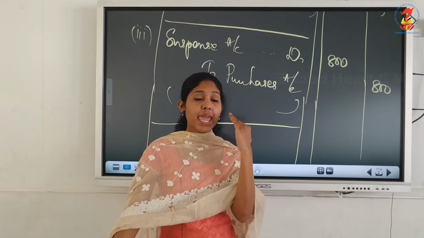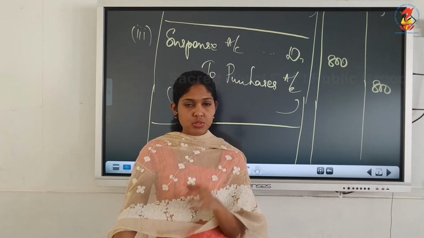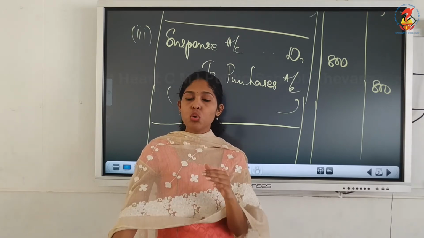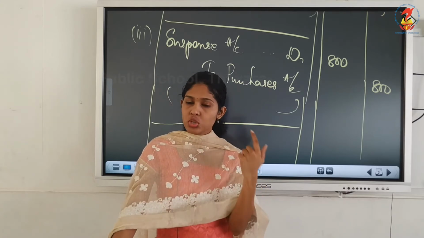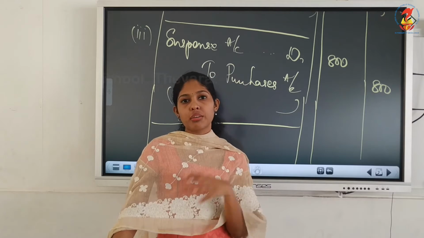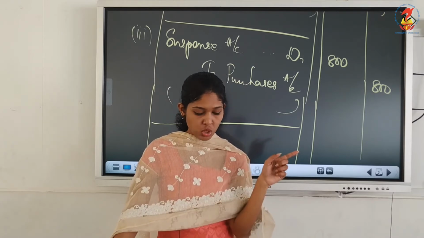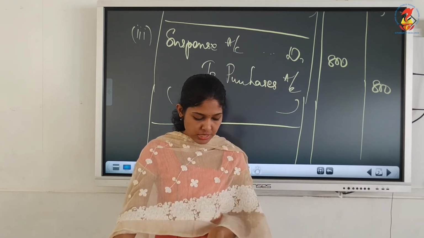That means excess credit was given to purchases return. Purchases return are already having a credit balance, and the amount was excess. So how will you cancel that? We have to debit purchases return, credit the suspense account, and the difference is what we have to write in the amount column, that is 1220 minus 1120.